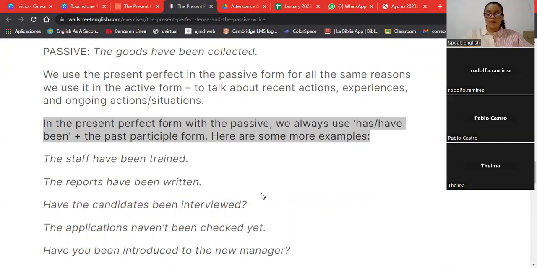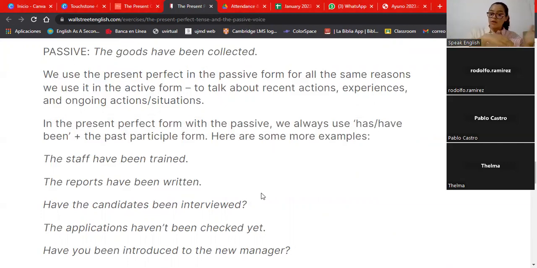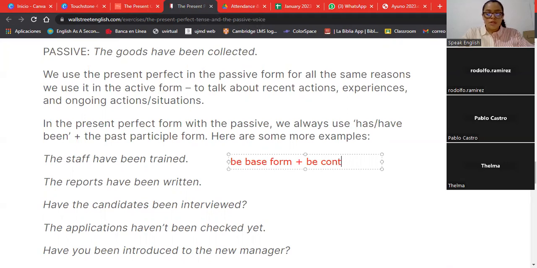So, in the present continuous, in the passive form, we have the verb to be in base form plus be in continuous form plus the verb in past participle.